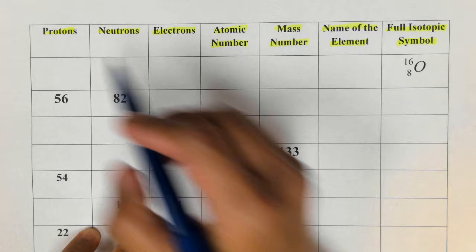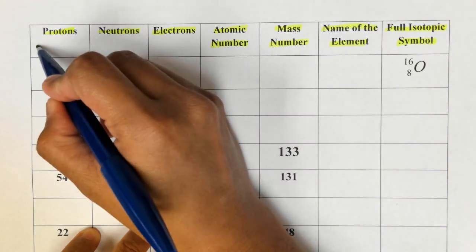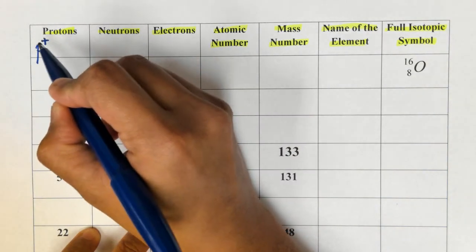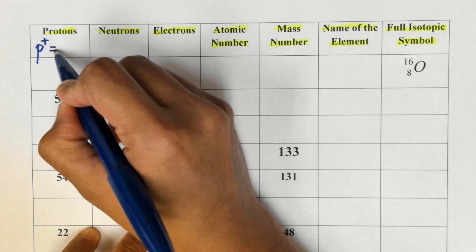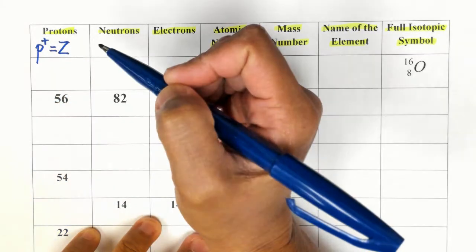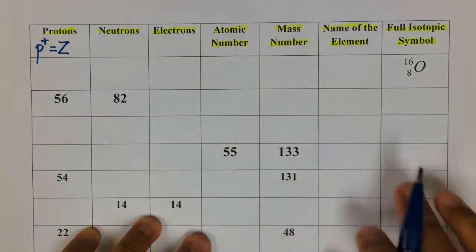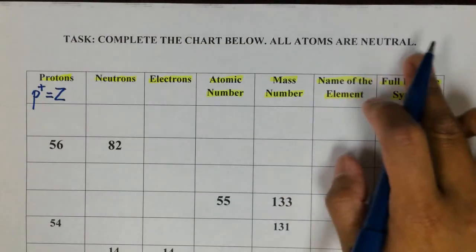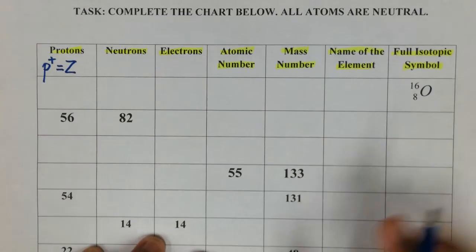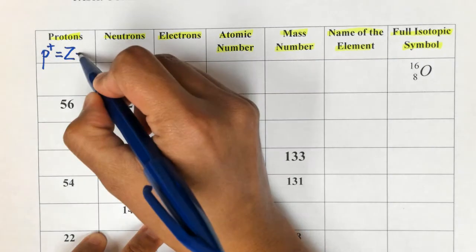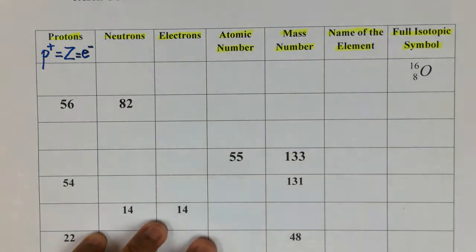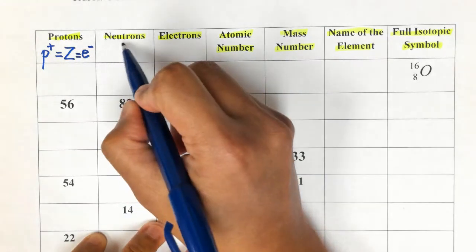Protons is P plus, and protons is equal to Z. Because all atoms are neutral, protons is also equal to electrons. Then the next one is neutrons.